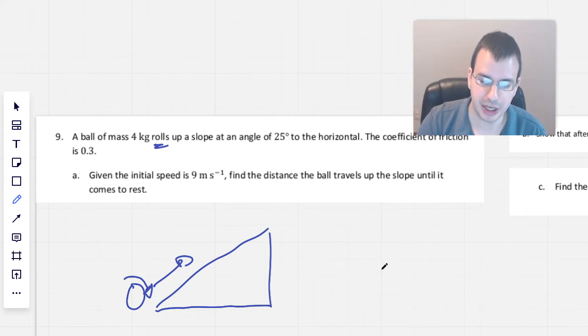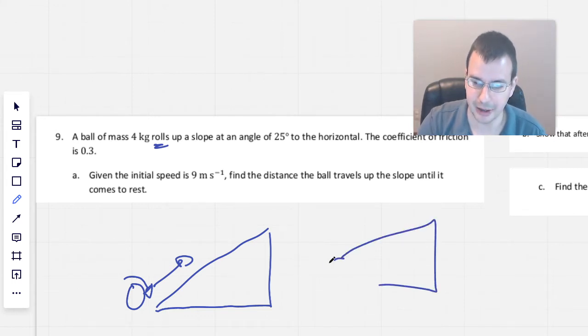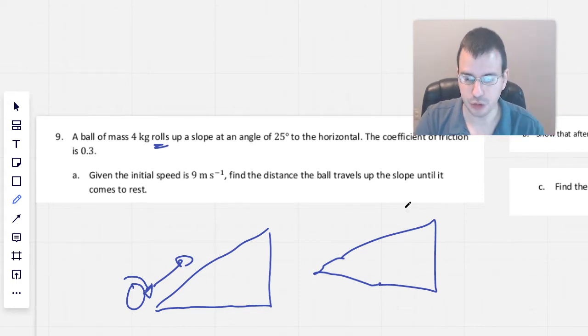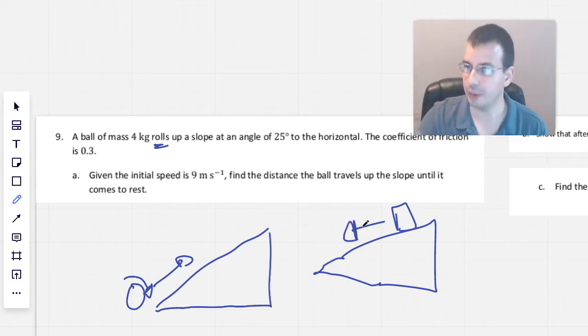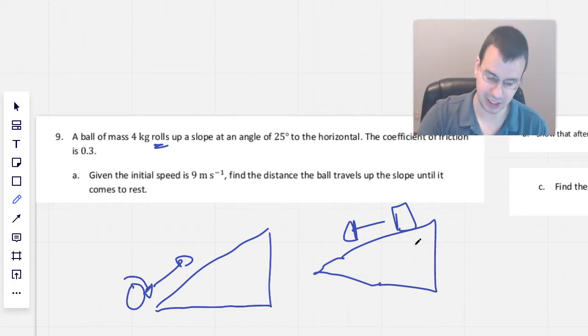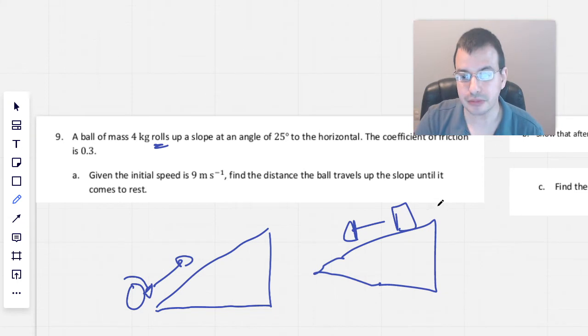So if you think about it, if you have a block and it slides down a ramp without friction, it will have a different lateral linear speed at the end than if you have a ball which rolls.